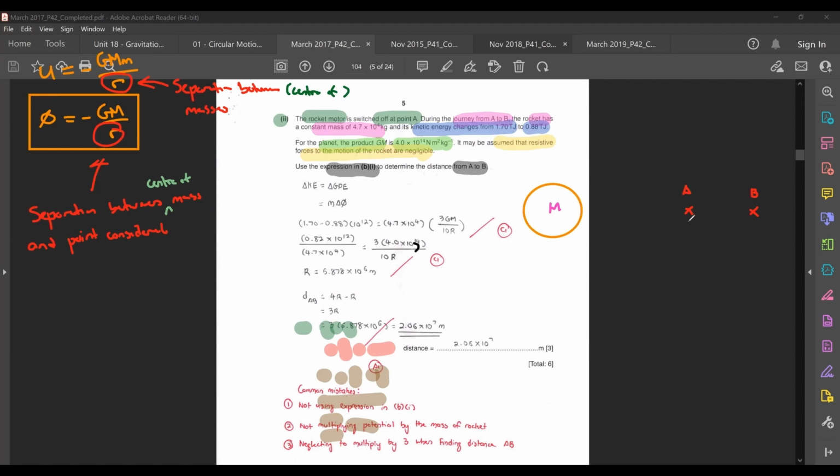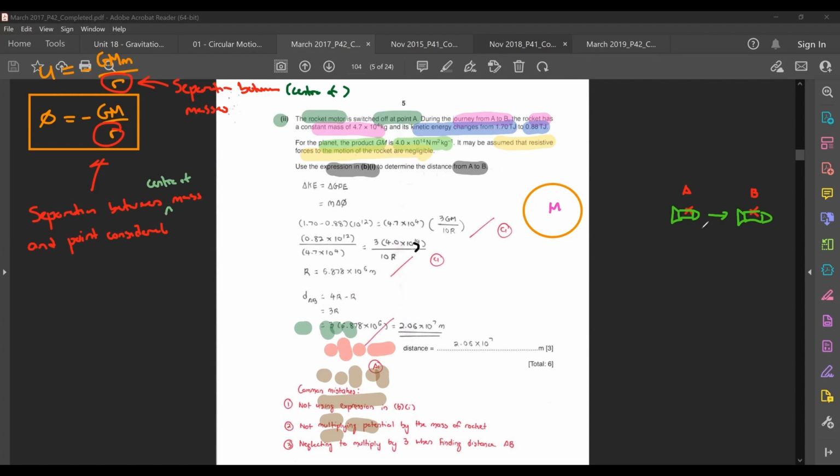So these were the 2 points that you are considering right now. So consider this, your rocket is moving from A to B. Say this one is your rocket, is moving towards B from A now. Okay.